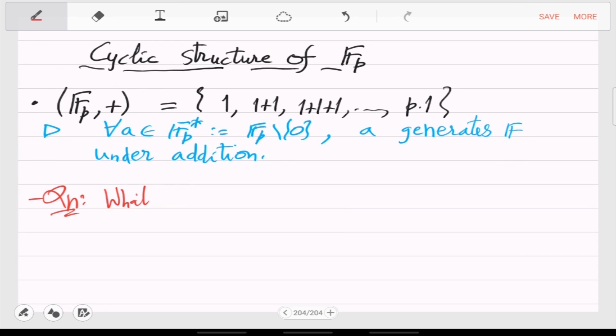So now what we want to show is that something good happens with multiplication also. So what about Fp star under multiplication? Under multiplication, you know that this set is closed, right?